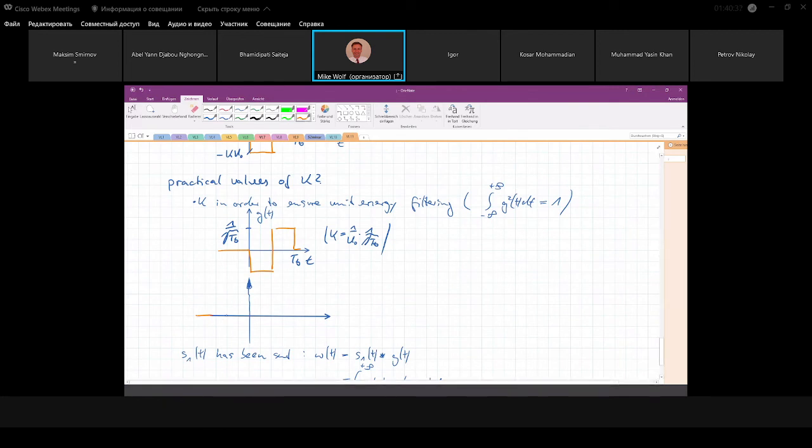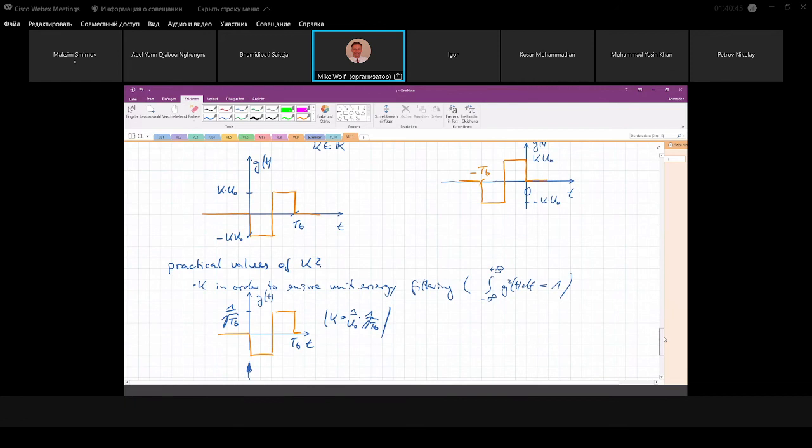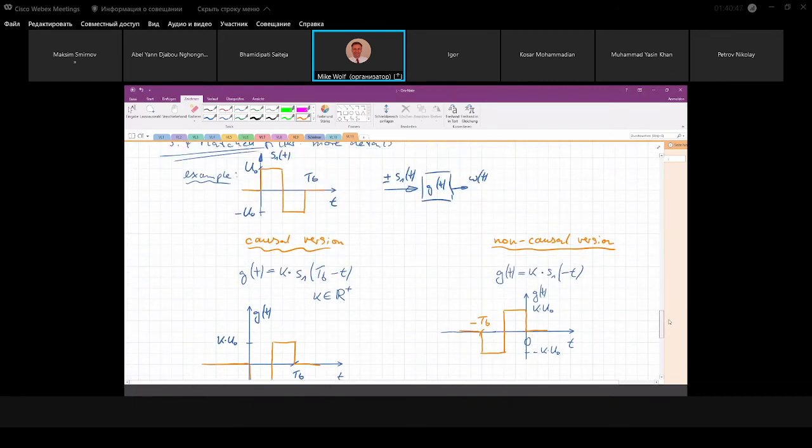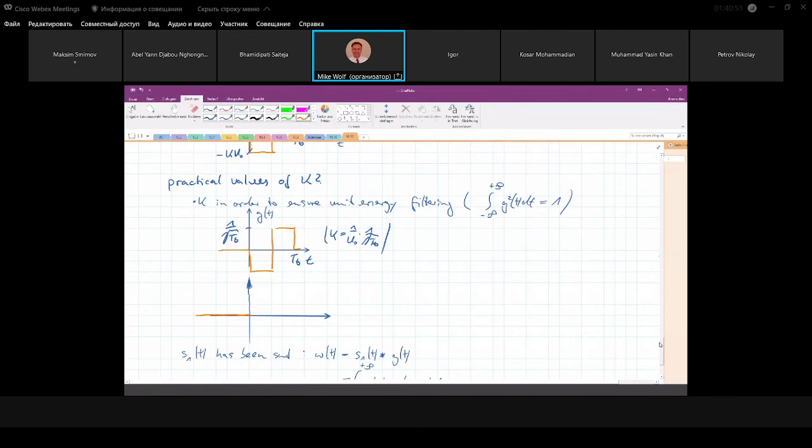So up to here, we have nothing, because we excite this filter with a causal impulse response with a pulse, which looks like this. And then we get this. And then we know the response cannot be longer than the sum of the signals.